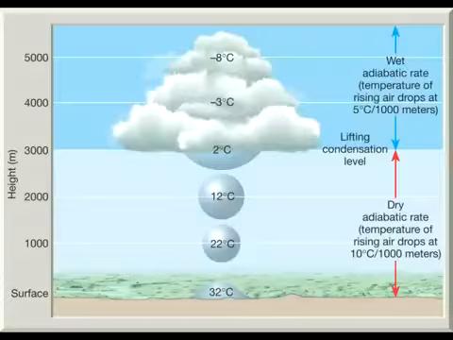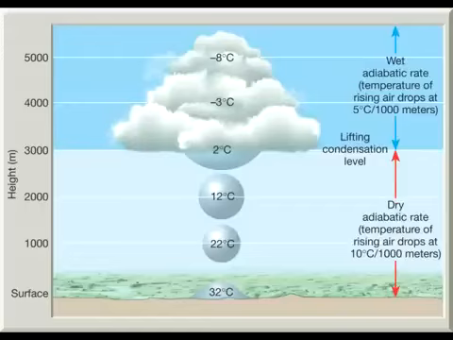If an air parcel is lifted high enough, it will eventually get so cold that it cannot hold the water vapor any longer. This is the height at which saturation occurs. It is also called the lifting condensation level, because further lifting will cause condensation. Condensation means that water vapor gets from the gaseous into the liquid state.